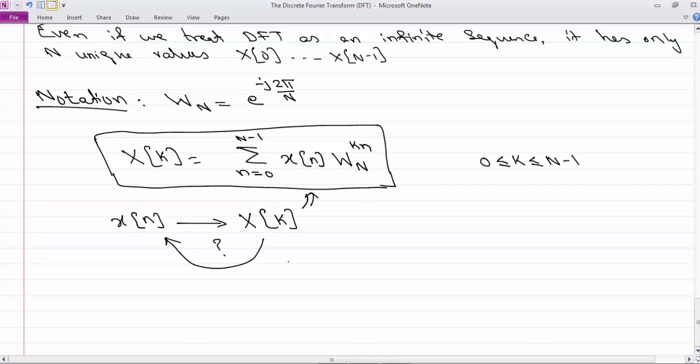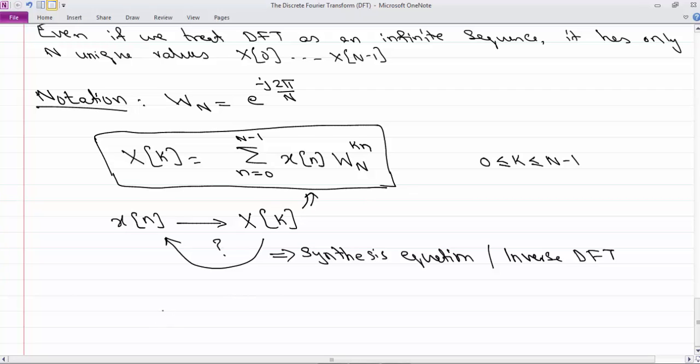As the operation implies, we are synthesizing back our original signal. So that's called the synthesis equation or inverse transform, or inverse DFT.